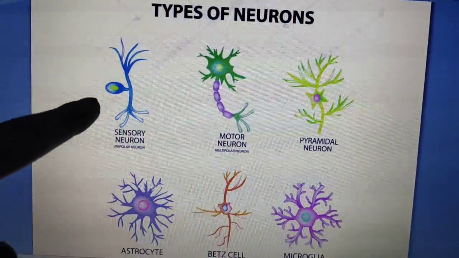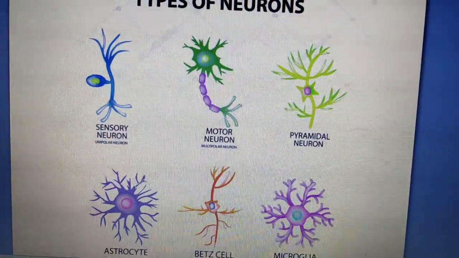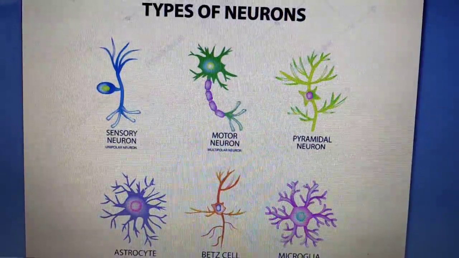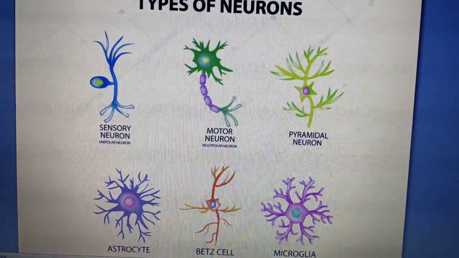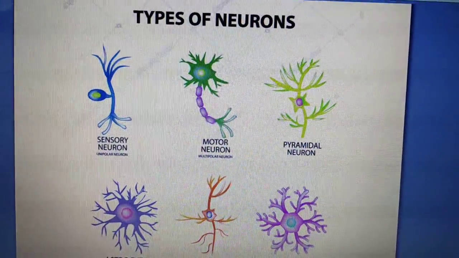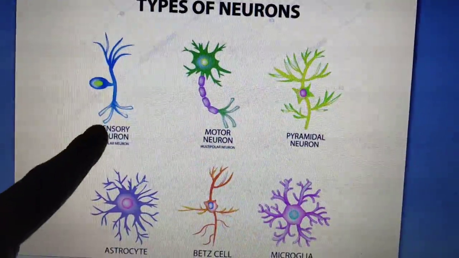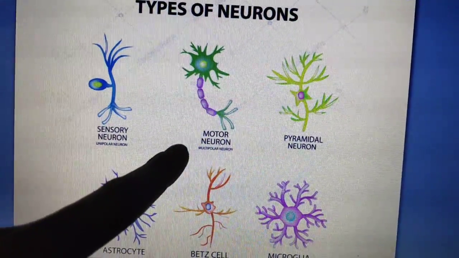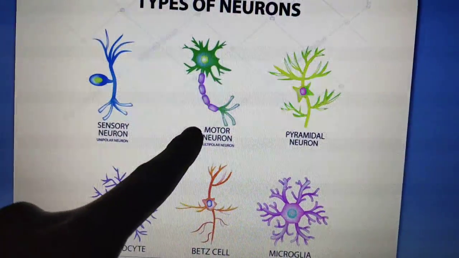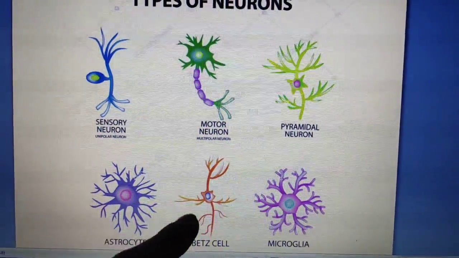See, what is the function of sensory neurons? We have five sense organs, isn't it? Eyes, nose, skin, ears. All the senses that we are sensing are through these sensory neurons. When we do some actions, like pinpointing this structure, it is due to the motor neurons. Understood? So these are some special functions.